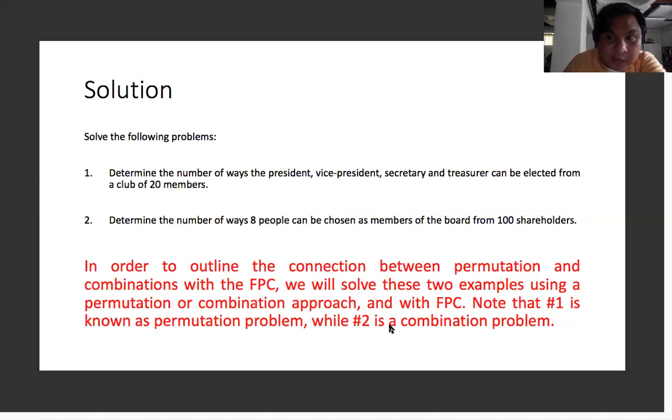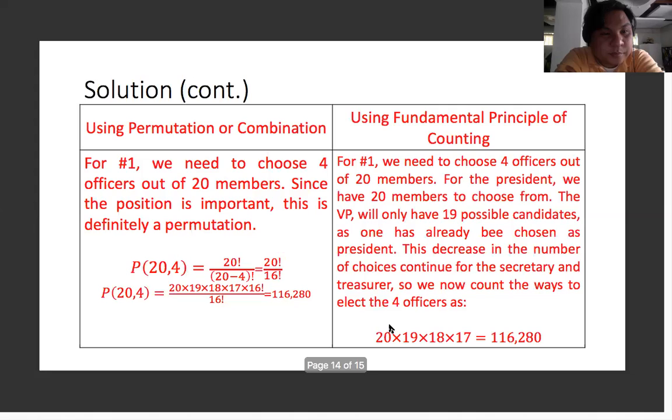So we should be seeing a permutation approach for number 1, while we should see a combination approach for number 2. Right, so for number 1, because it's a permutation, I'm going to use a permutation technique. So take note, there are 20 members in the club, and we're supposed to select 4 officers from them.